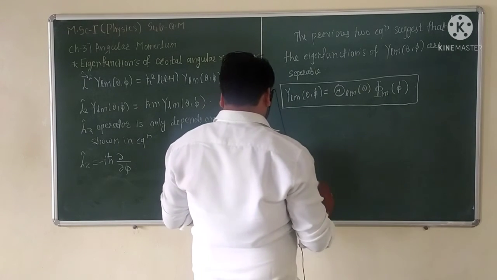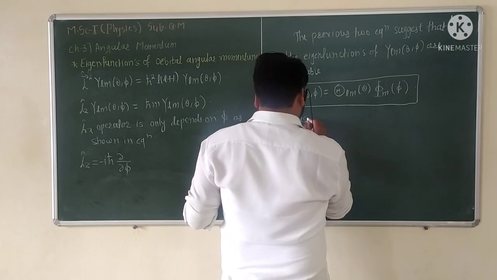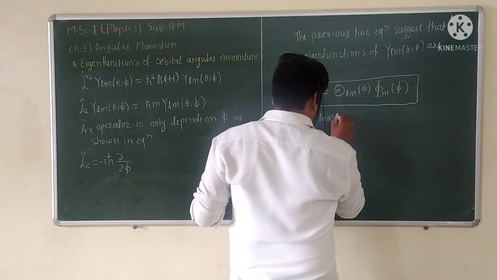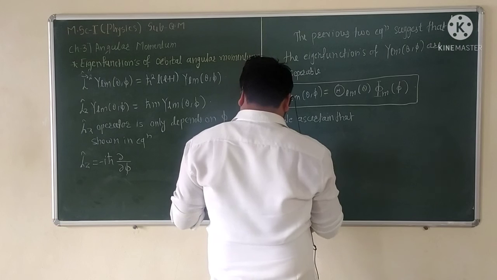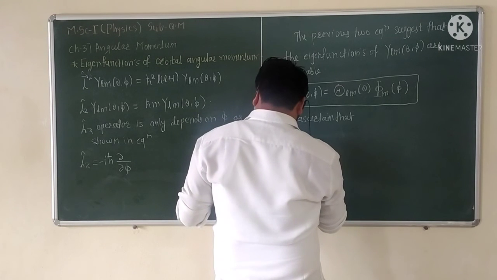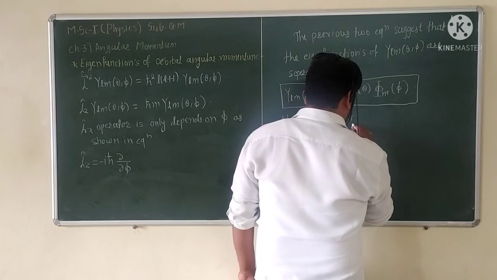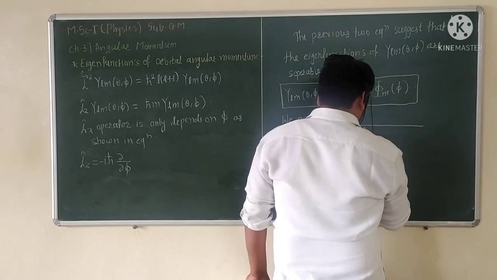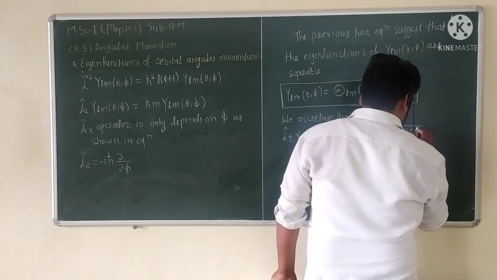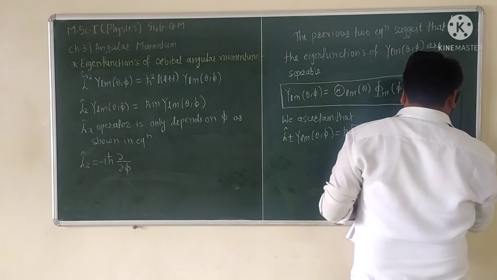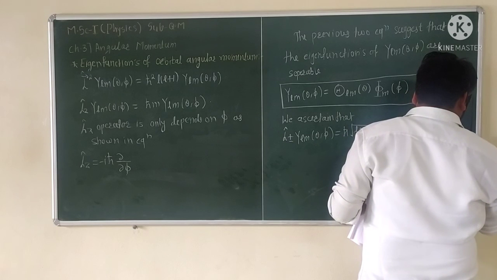Using this equation, we ascertain that L plus or minus of Y Lm of theta and phi is equal to h cross under root of L into L plus 1 minus m into m plus or minus 1, times Y L comma m plus or minus 1 as a function of theta and phi.